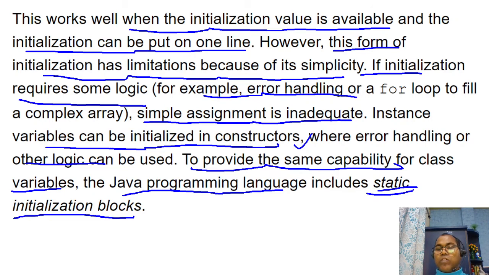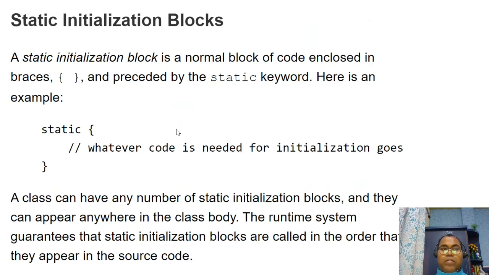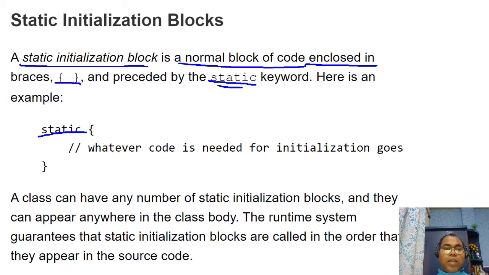So we have the concept of a static initialization block where you can initialize your static variable. A static initialization block is a normal block of code enclosed in curly braces with the static keyword. Just write the static keyword and the opening and closing braces.